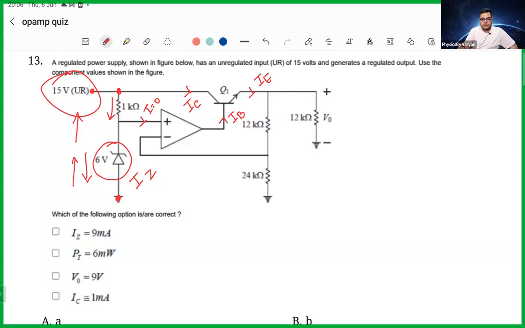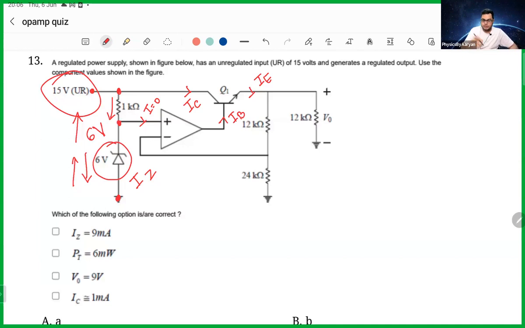And if the Zener diode is reverse biased, then the voltage at this point will be 6 volt. I'm not predicting that it is reverse biased, but if it is, then this has to be 6 volt.